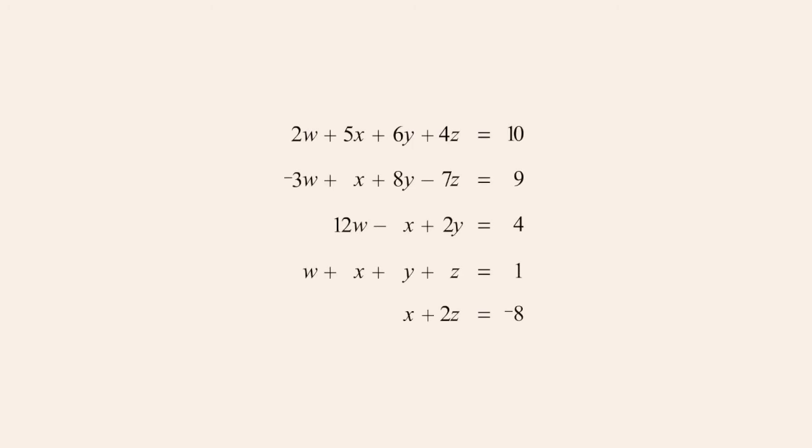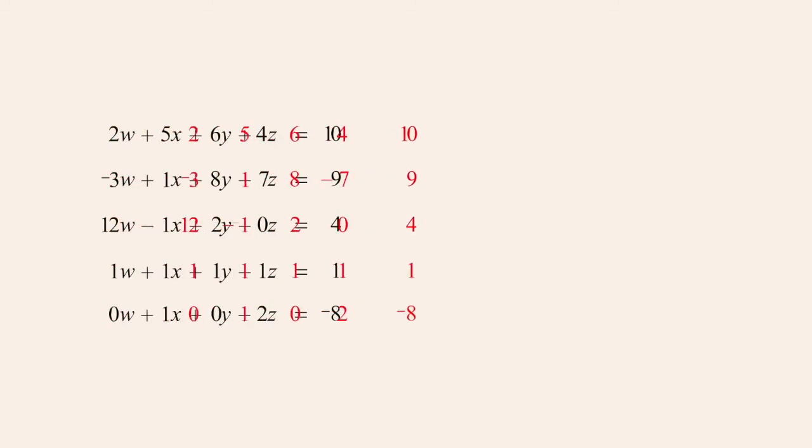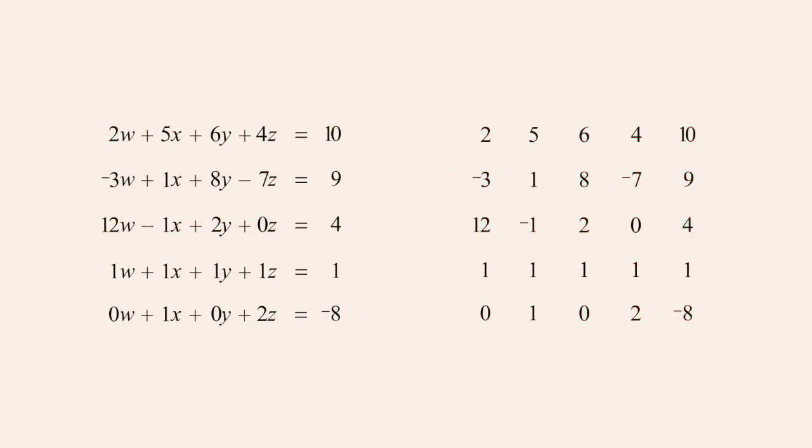As a final example, we will create an augmented matrix for this system of 5 linear equations in 4 variables. We once again fill in the coefficients of 1 and the missing terms, collect coefficients and constants, and create the augmented matrix.